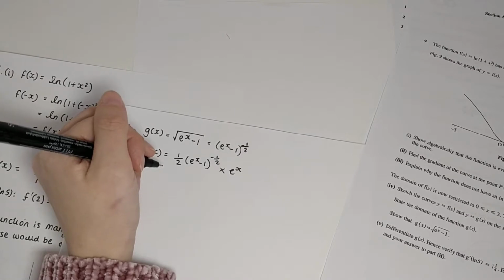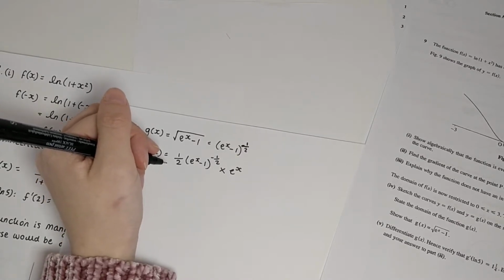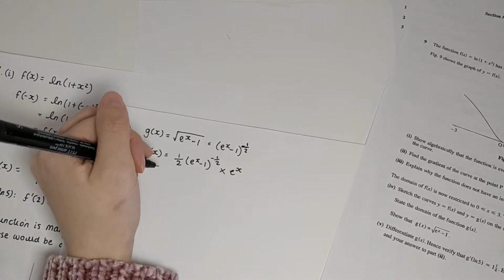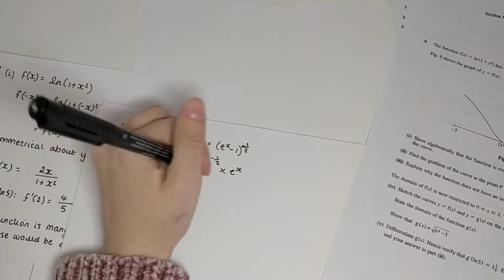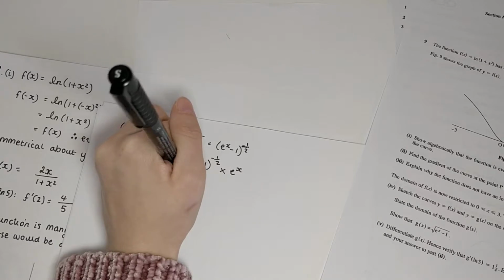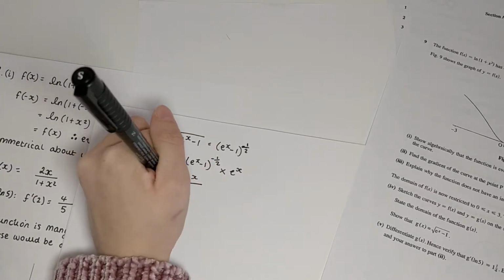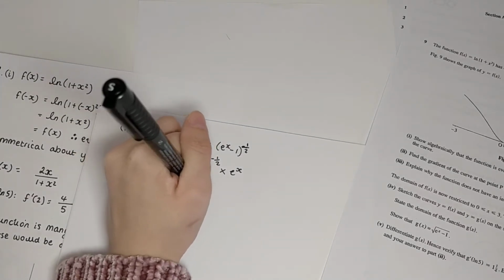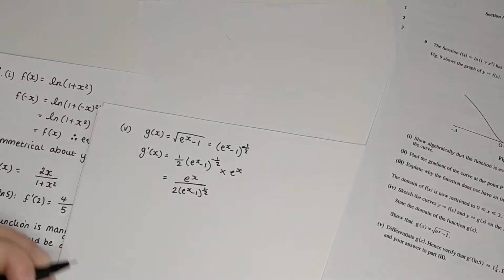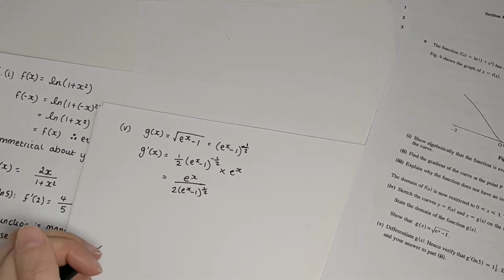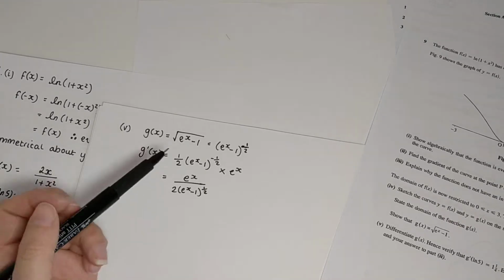I can't really make it look any prettier than that. So, yeah, let's just put e to the x over 2 e to the x minus 1 to the half, or I could put a square root, I don't know. Yeah, that's nice enough.